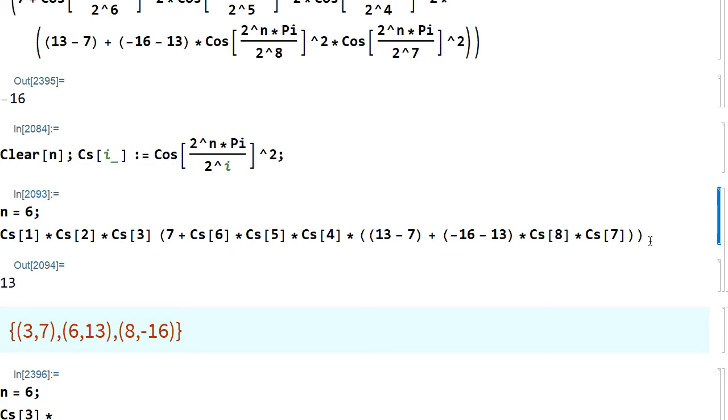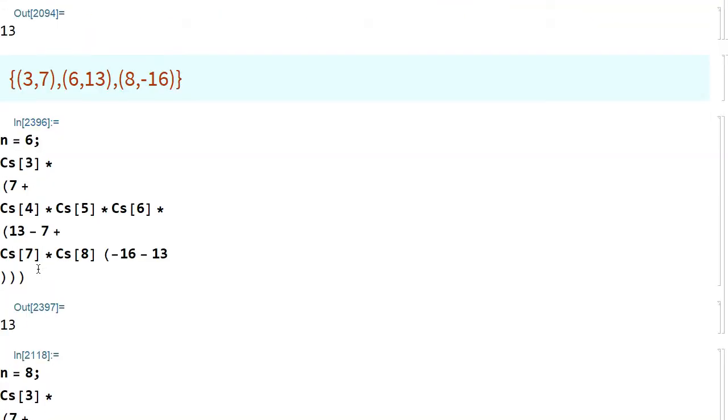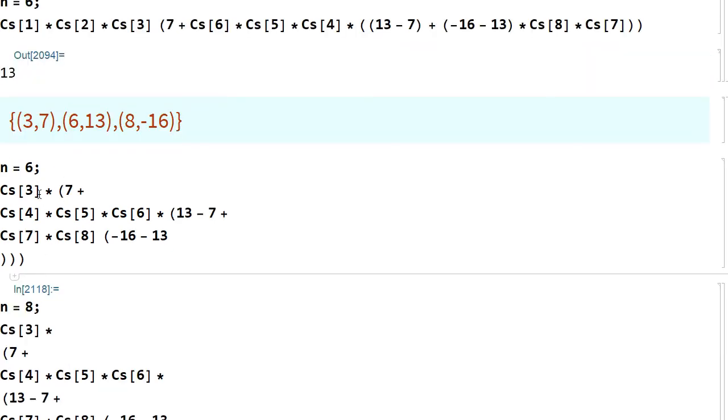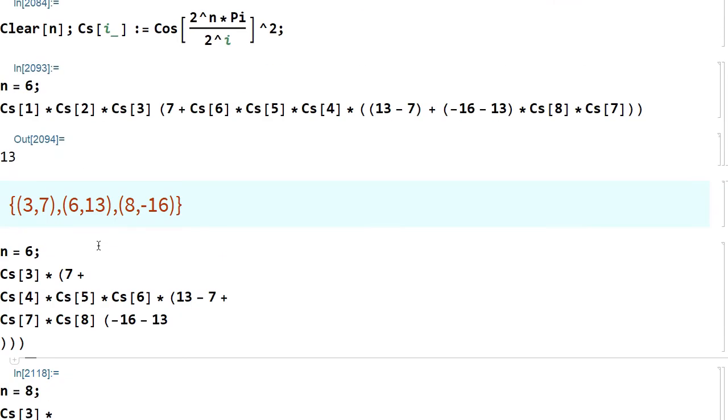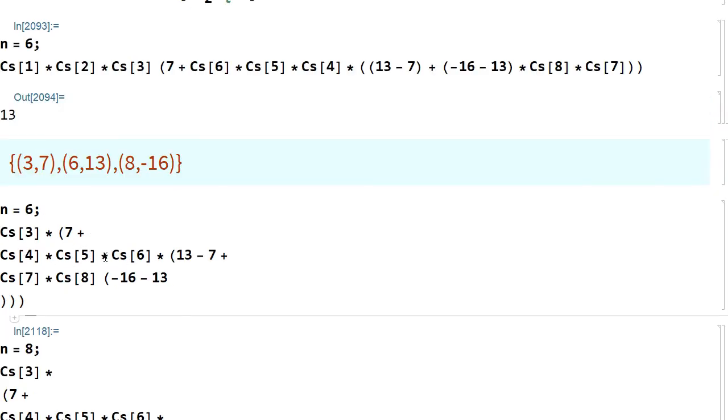But this is not as easy to understand as if we were to write it vertically like we did before. I just rewrote this so that it's similar to what we've seen previously. So there's really no difference between now and the form we saw previously, except that we have a product of these special cosine functions.